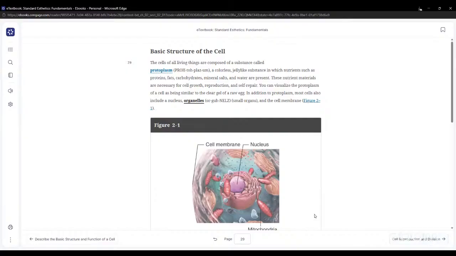Okay, so when we look at the cell, of course, there's what we call protoplasm, just the components of the cell and what is wrapped around. It's a colorless, jelly-like substance, which mostly you're going to think of as clear, in which nutrients such as proteins, fats, carbs, minerals, and water are present. So anything we're talking about rebuilding cells, a lot of times they use cellular transfer. They're talking about improving the person's skin.